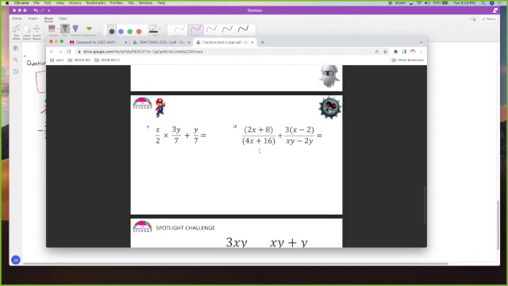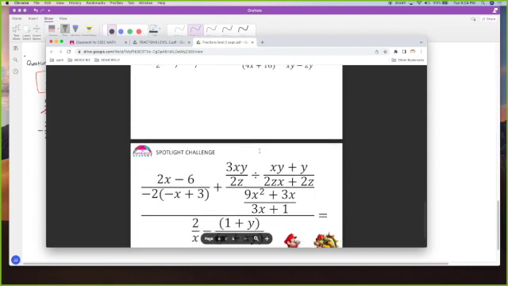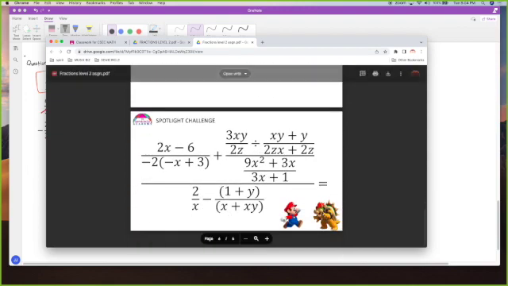But then, if you're good at fractions, we have our Spotlight Challenge. So the Spotlight Challenge here is for anybody who is really good at fractions and wants to tackle this, and the answer for this massive monstrosity is actually easier than you think.